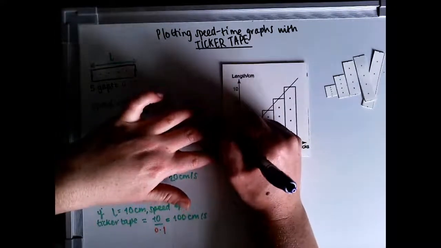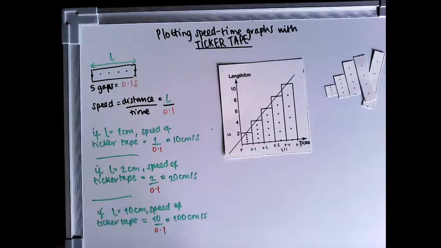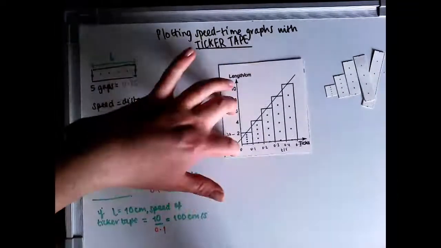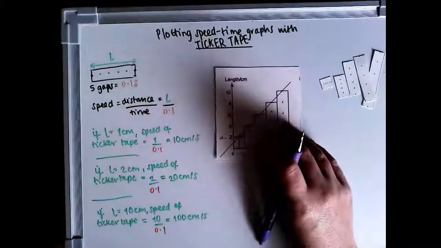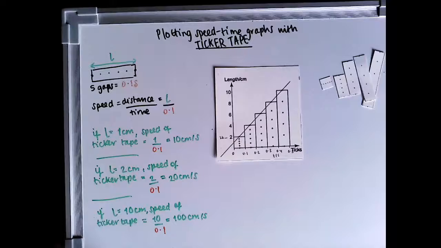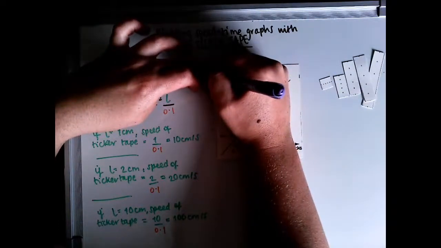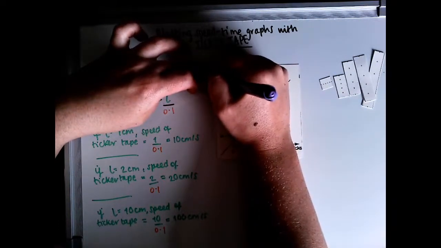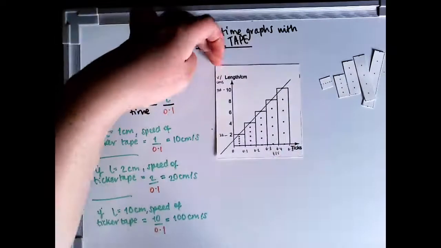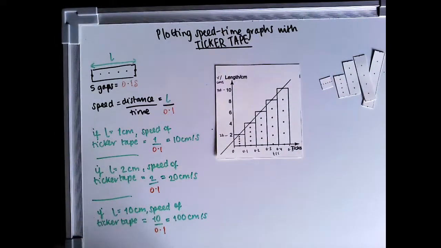So this one here must be 20 if we are using it as a speed axis rather than a length axis. And remember, a length of 10 centimetres is actually 100 centimetres per second. So I'm going to do my velocity in centimetres per second in purple as a different set of axes.